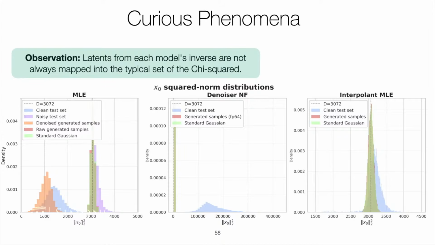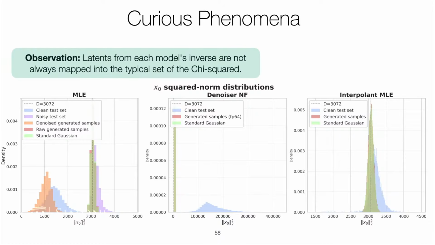And we see that in this case, if you just denoise from pure data, you don't actually land back at the typical set. For the MLE case, and in the middle case, if you look at the denoiser objective, it's completely shifted to a completely different area. The scale is completely different. So it's definitely not landing in the typical set of what a square norm of a Gaussian should be.